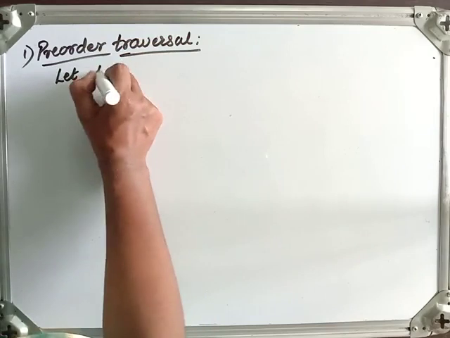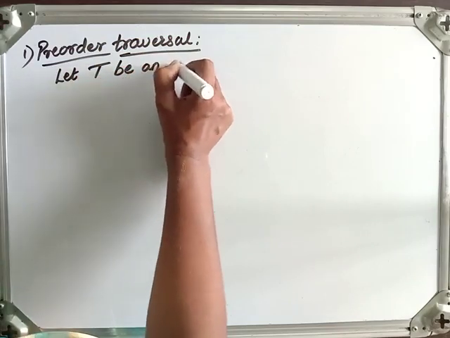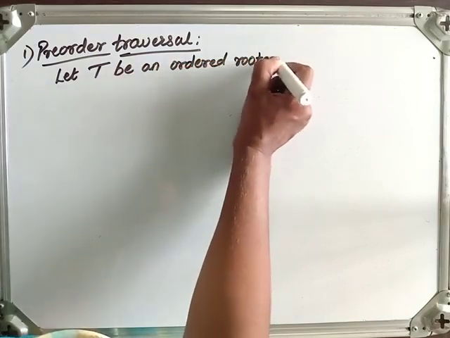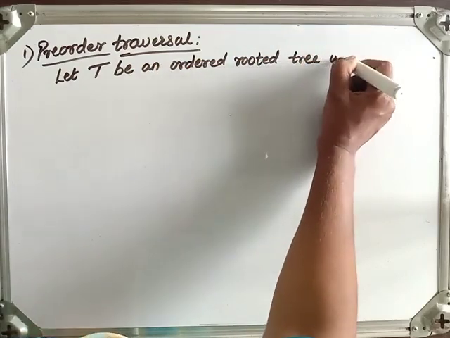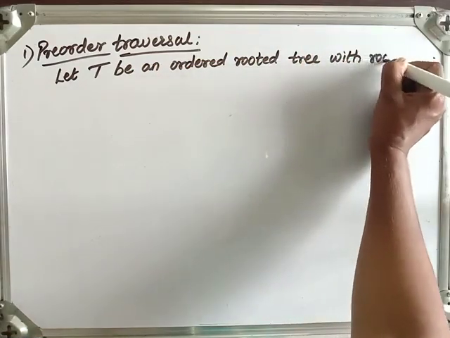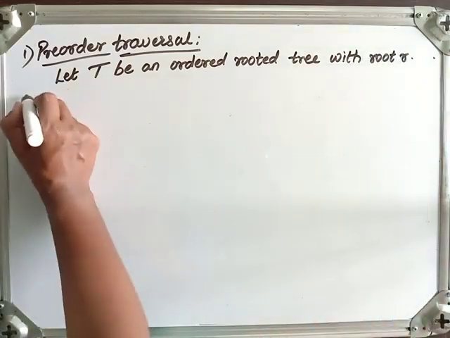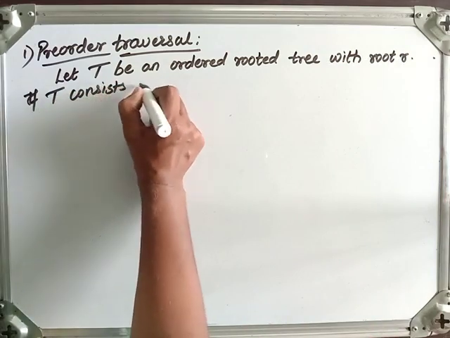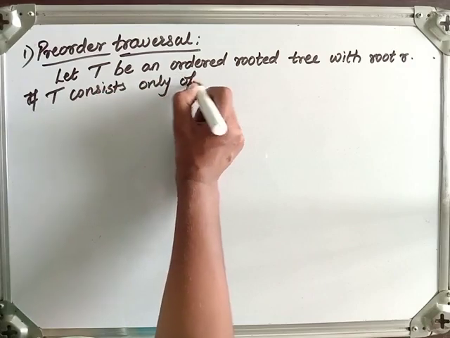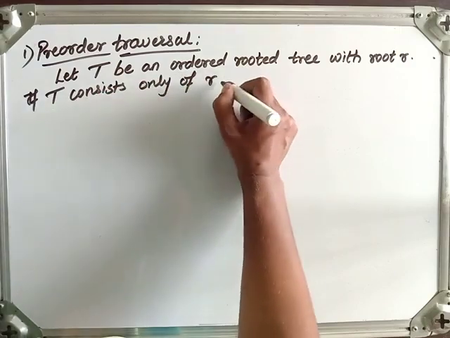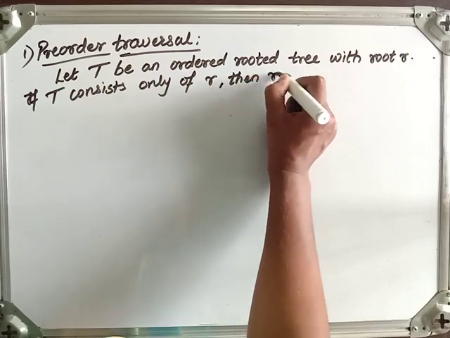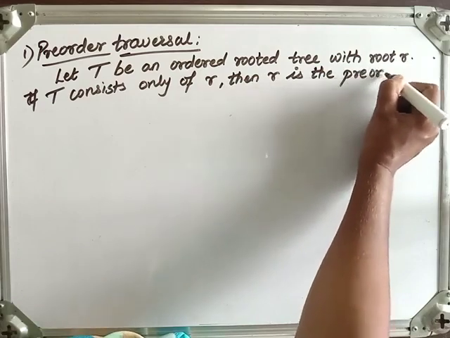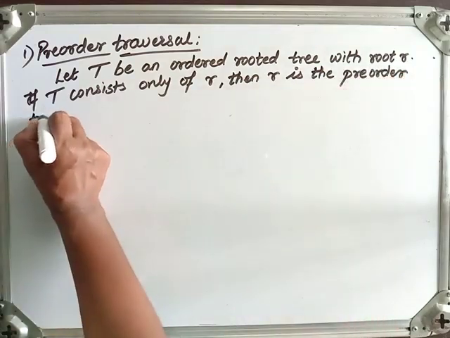Let T be an ordered rooted tree with root R. If T consists only of R, then R is the preorder traversal of T.